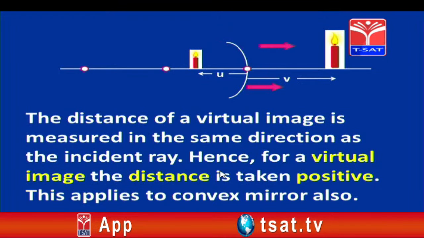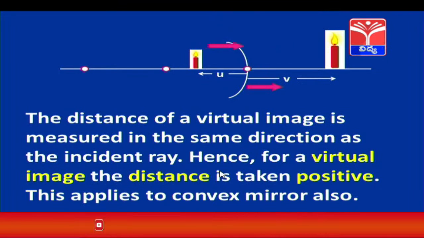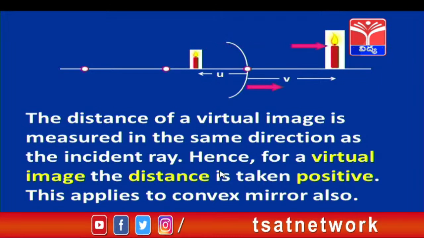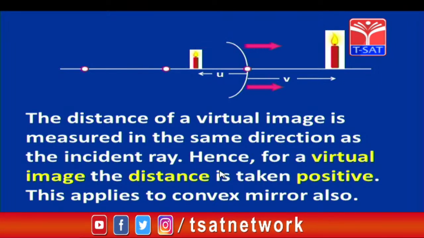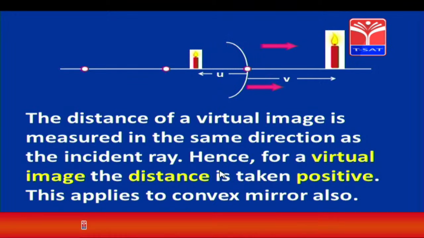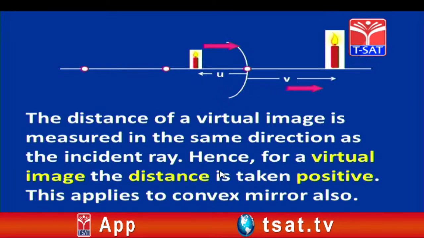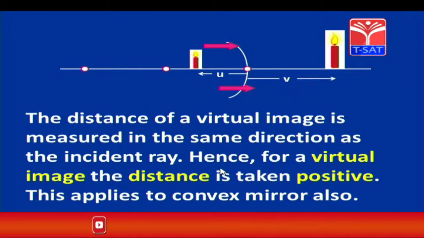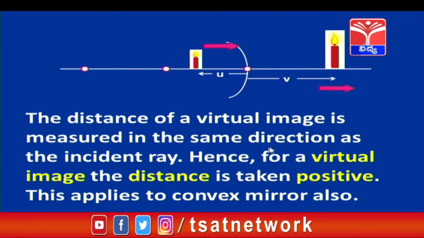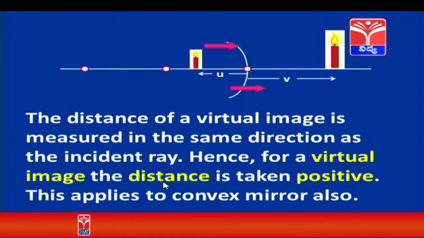If the mirror was not there, then the incident ray would continue in the same direction. And now, let us see the direction of the image distance measurement. Here, the virtual image measurement is also in the same direction as the incident ray. Therefore, we can say that the distance of a virtual image is measured in the same direction as the incident ray. Hence, for a virtual image, the distance is taken positive.